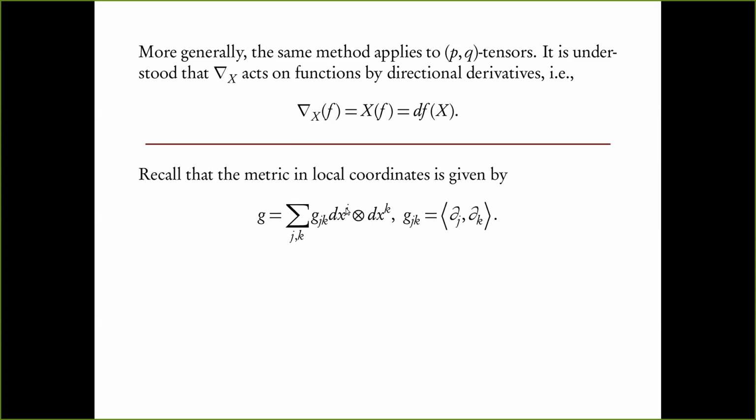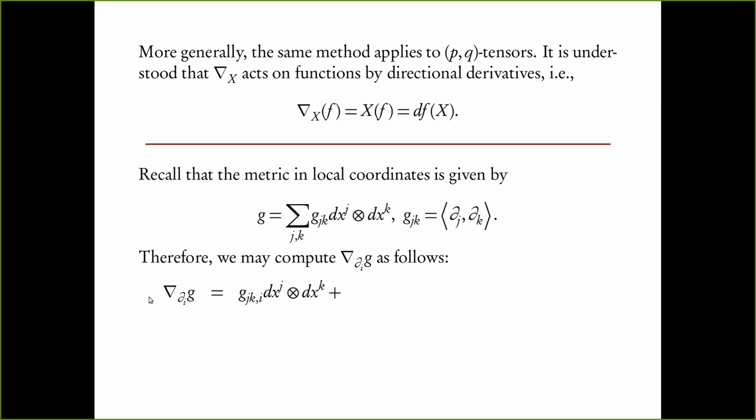All right. So if you wanted to now talk about nabla g, well, you better talk about nabla del_i g. What is nabla del_i g? Well, remember, you have to take this as a 0,2 tensor and you have to differentiate this with respect to del by del i. That means you first differentiate the function with respect to del by del i. But by this condition, this is simply the directional derivative of the function g_jk in the direction d by dx^i.